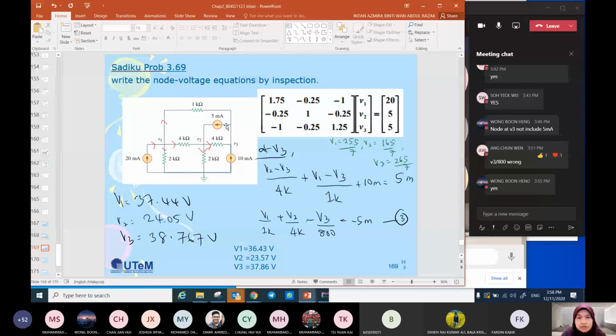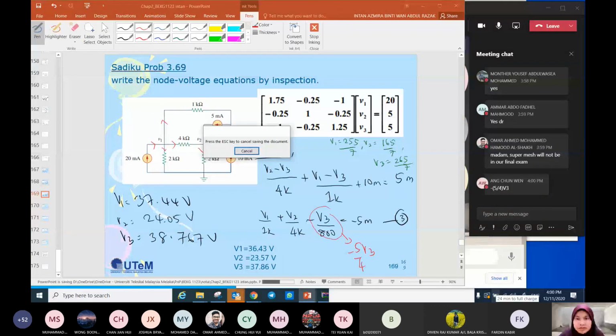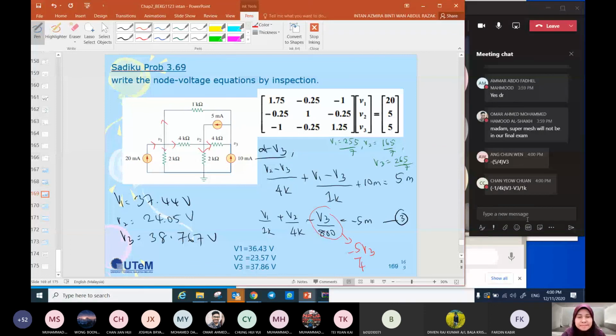Why can't I get it? V2 minus 1 over 4K minus V3 over 1K. Yes, but it is minus equal to 1.25 milli.